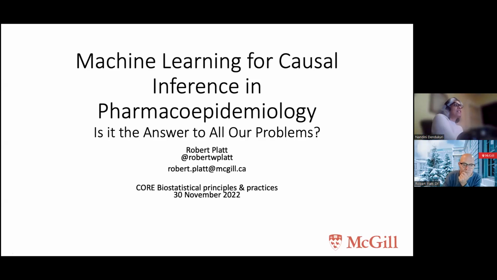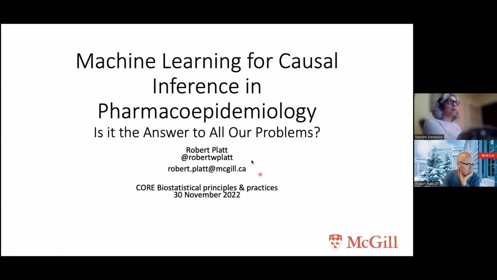Robert Platt is a professor in the departments of Epidemiology, Biostatistics, and Occupational Health, and also in Pediatrics at McGill. He holds the Albert Boehringer Endowed Chair in Pharmacoepidemiology, and he's the principal investigator of the Canadian Network for Observational Drug Effects Studies, or CNODES.